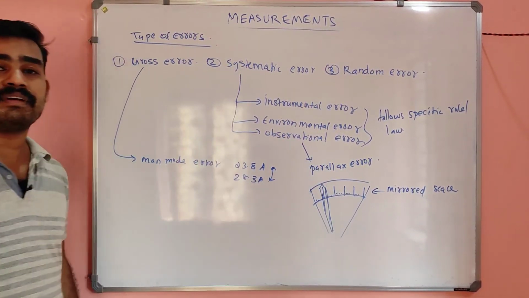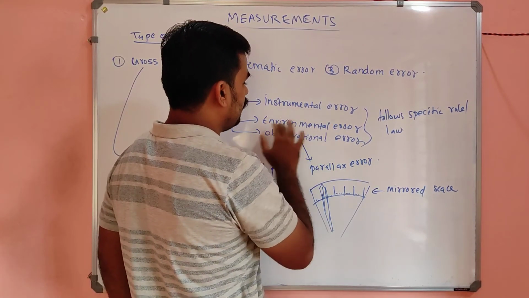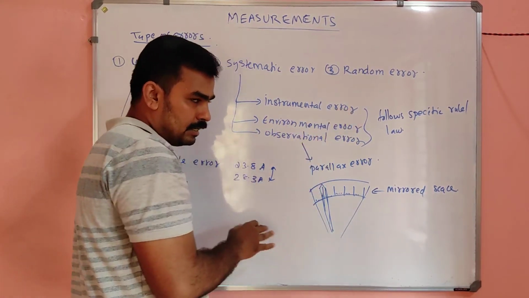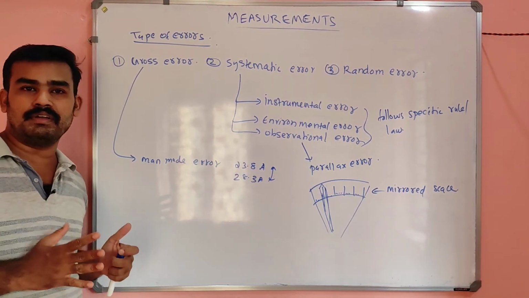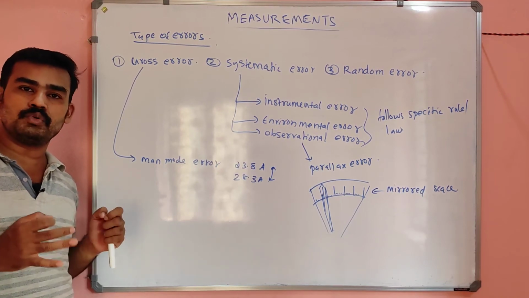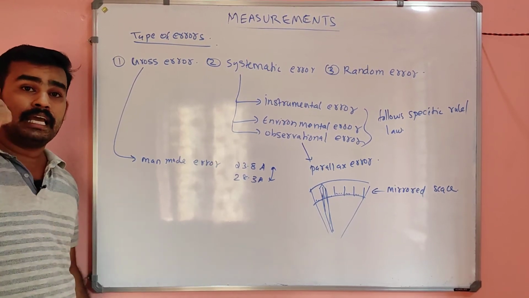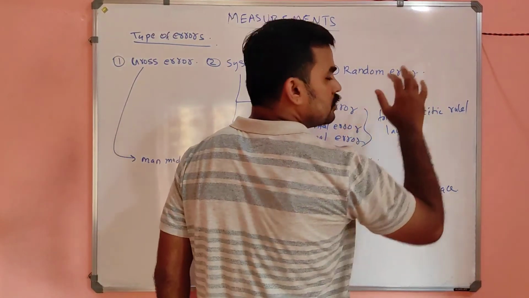Next one, random error. Even if we completely avoid the instrumental error, environmental error and observational error, and we have a brand new instrument manufactured by a number one company, there will still be a chance of some errors.